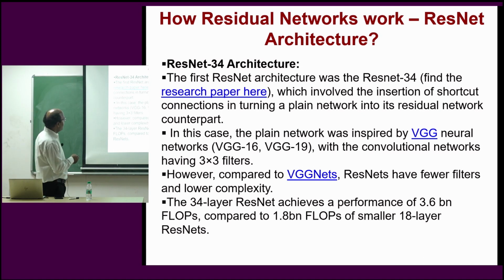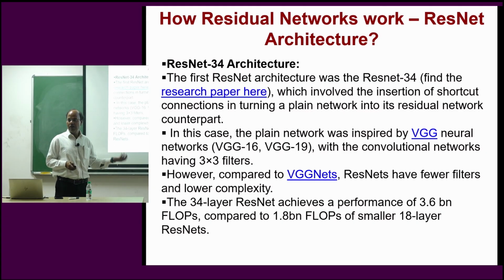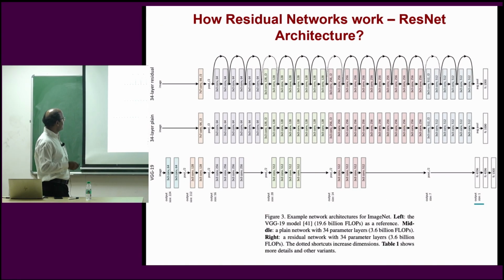So ResNet 34 model, and 34 means there are a total of 34 weighted layers. So you see this part, you get the idea. So this is the VGG19 model, right? And then this is a plain 34 layer architecture, right?